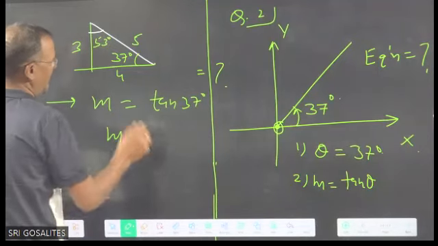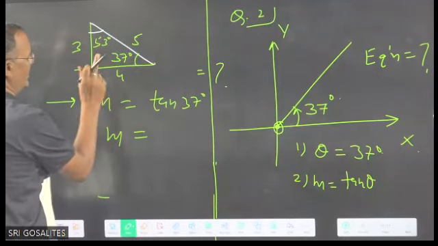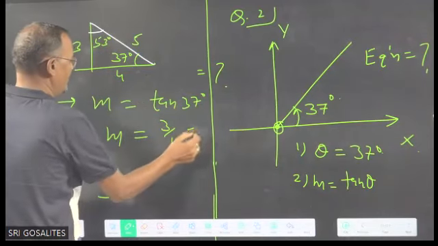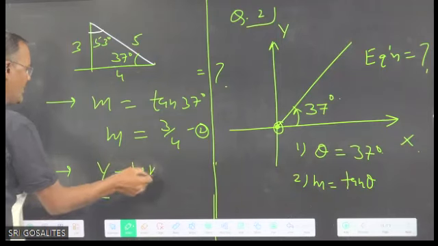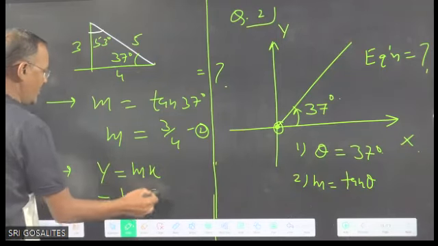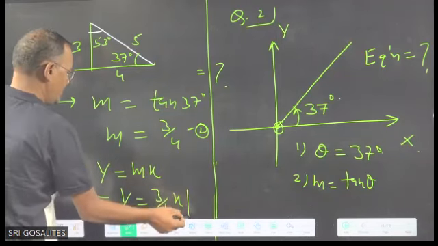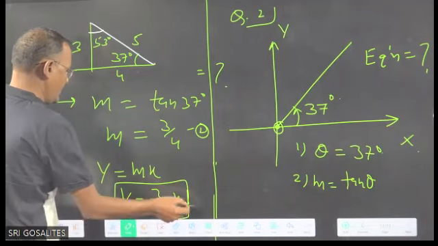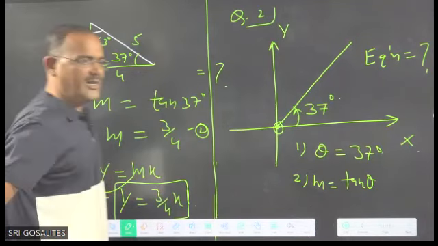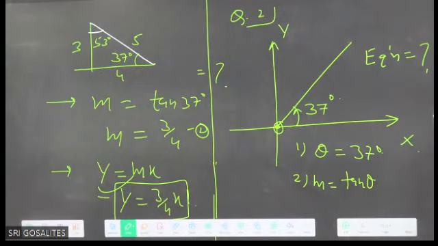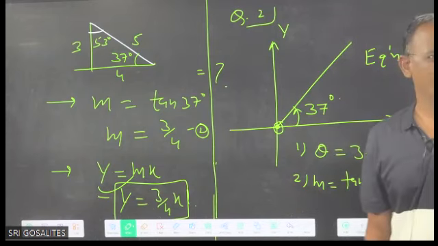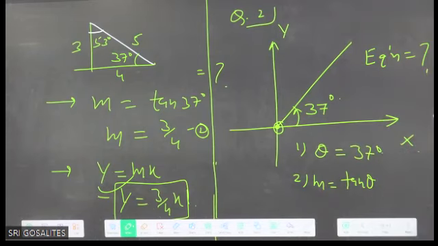Come on, tell me. 37: perpendicular upon base. 3/4. So the equation of the line is y equals mx. What is it going to be? 3/4 into x. Okay. Is that clear to all children?